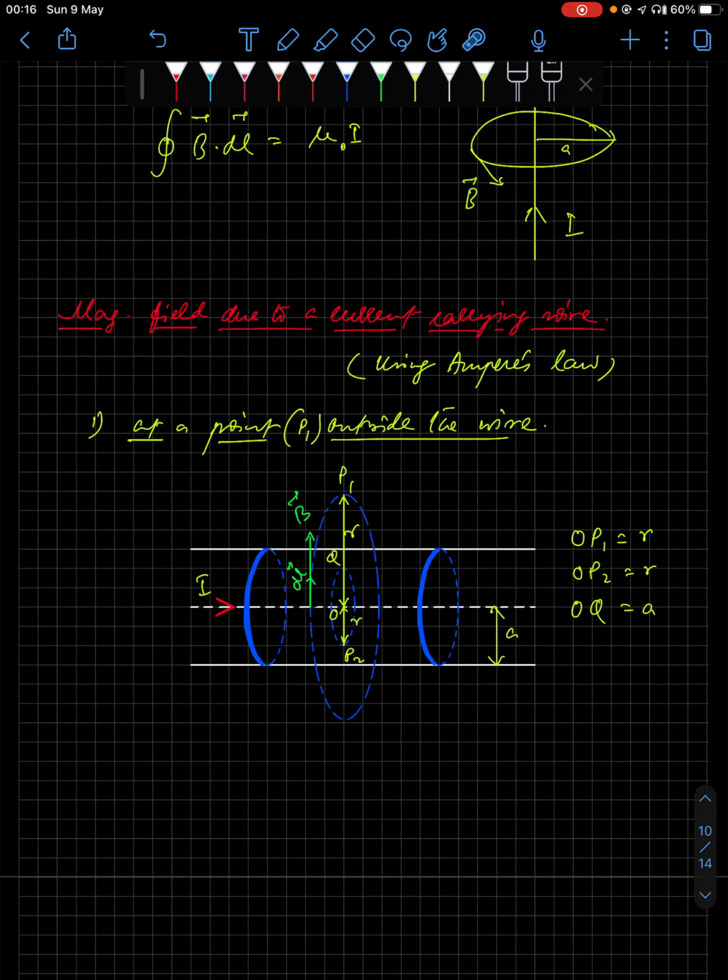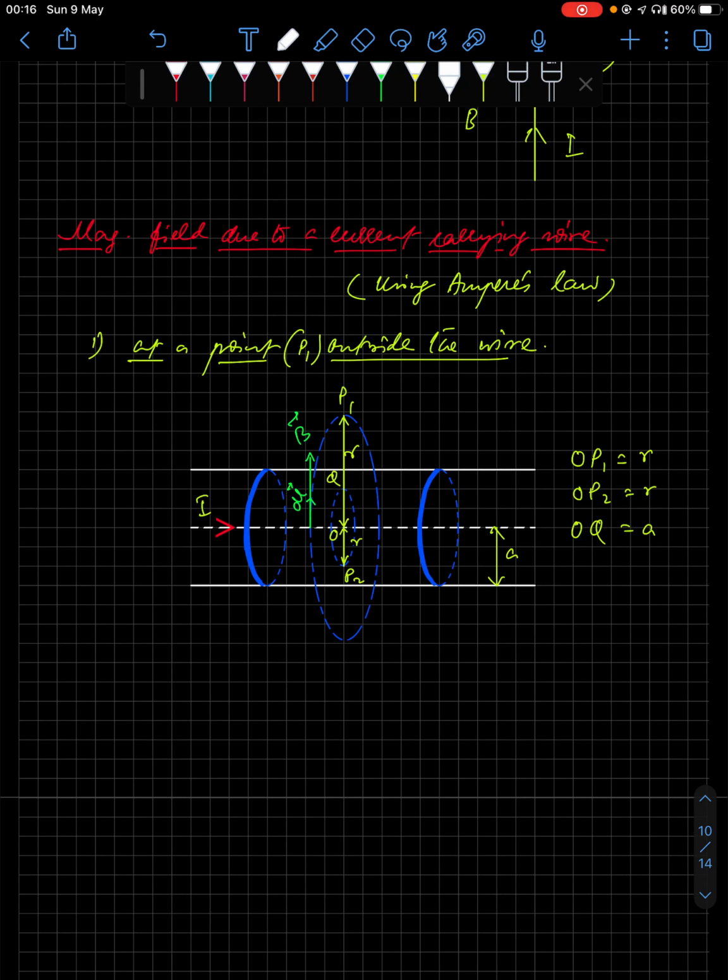Now we are talking about the magnetic field at this point P1. This is outside the wire, right? The second case will be on the surface of the wire, like at this point. The third case will be inside the wire, and that case we'll talk about this point. Inside the wire again we'll have two situations.